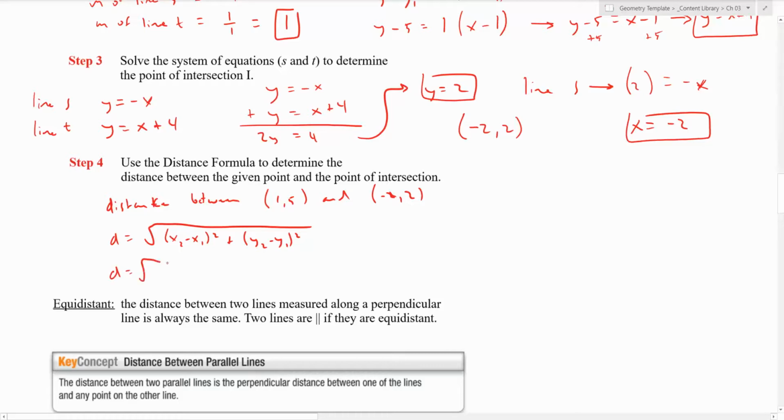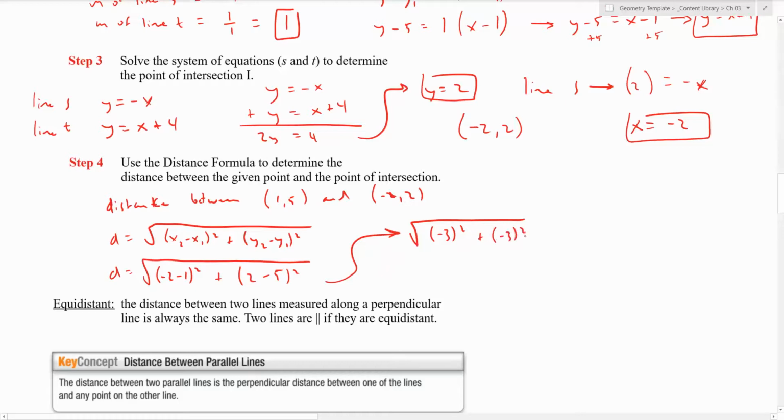d equals the square root of, so x2, negative 2, minus x1, which is 1, squared, plus y2, which is 2, minus 5, squared. Cool, we're doing it. That's the square root of negative 2 minus 1, which is negative 3, squared. 2 minus 5 is negative 3, squared again.